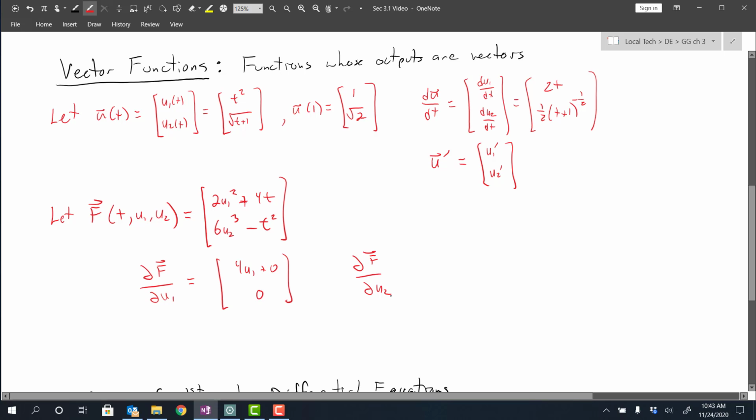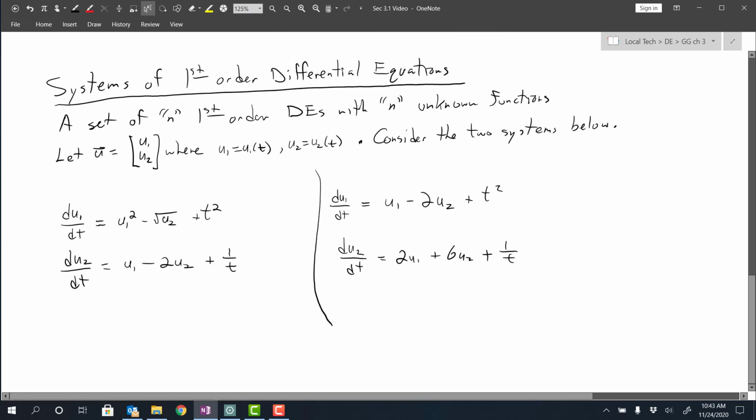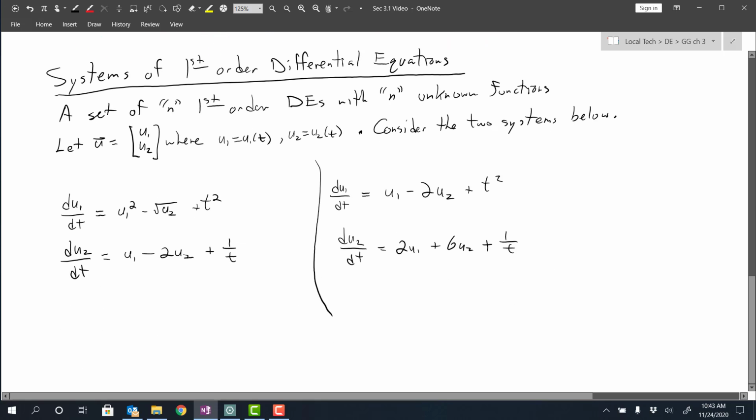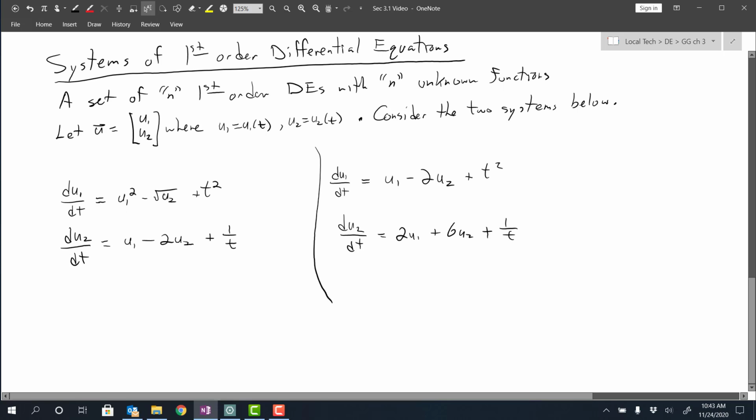All right, so let's use this notation to talk about systems of first order differential equations. A system of first order differential equations is just a set of n first order differential equations with n unknown functions. We're going to let this vector-valued function u be u1, u2, where both u1 and u2 are functions of the independent variable t. We're going to look at these two examples of systems below.